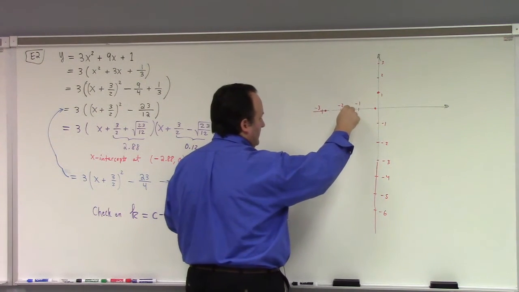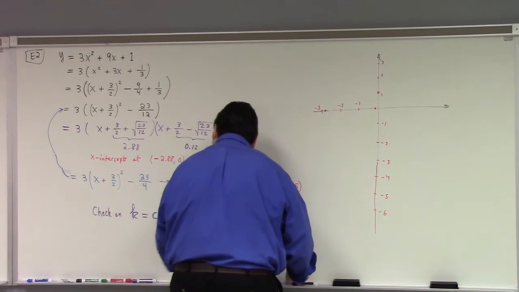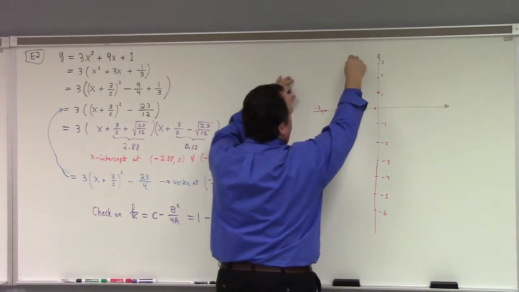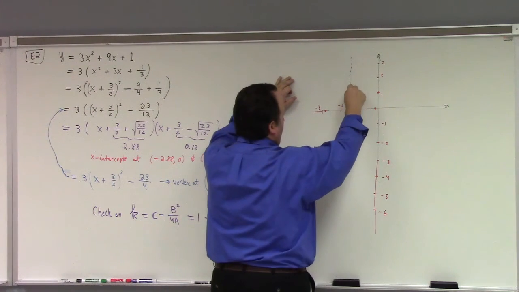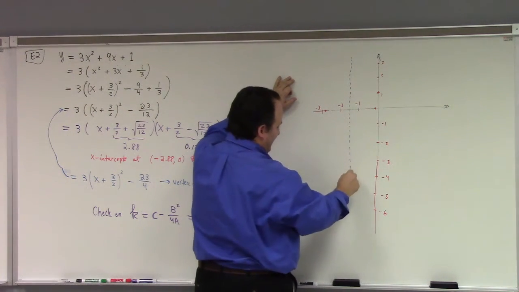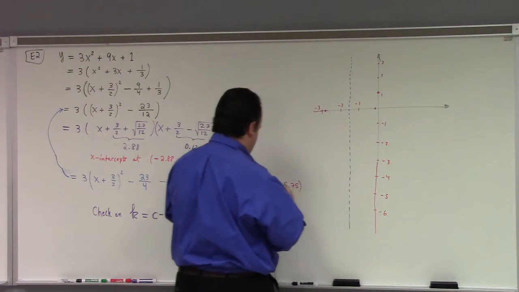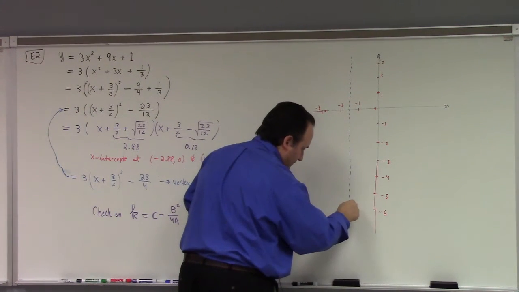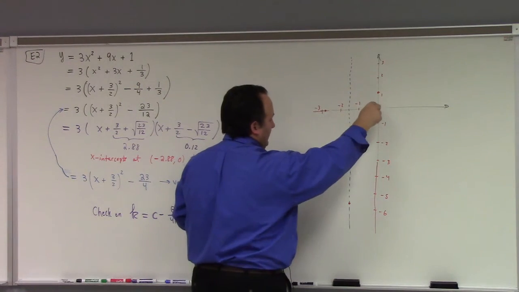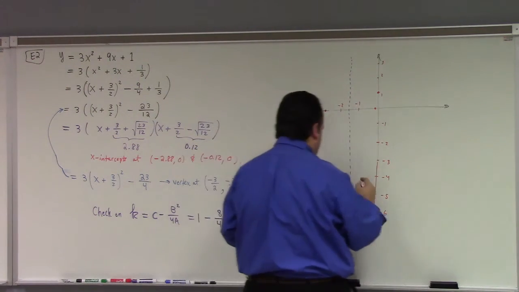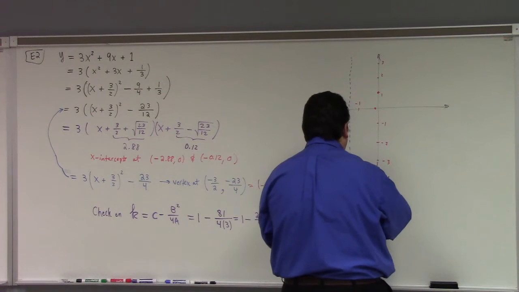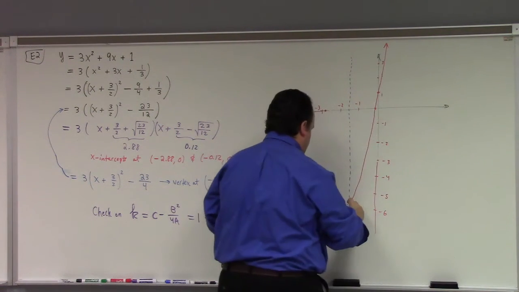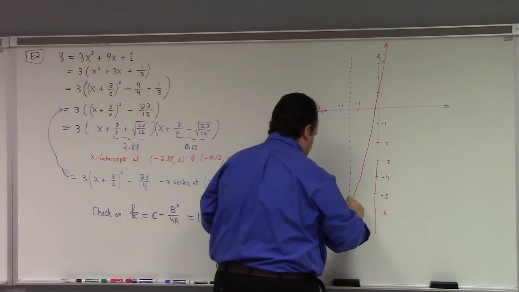Let me try to draw the axis of symmetry here at minus 1.5. Anyway, the vertex is on there somewhere, about right here. I've got this point, this point, and that point, so I will try. And if I did it right, it should be sort of symmetric.